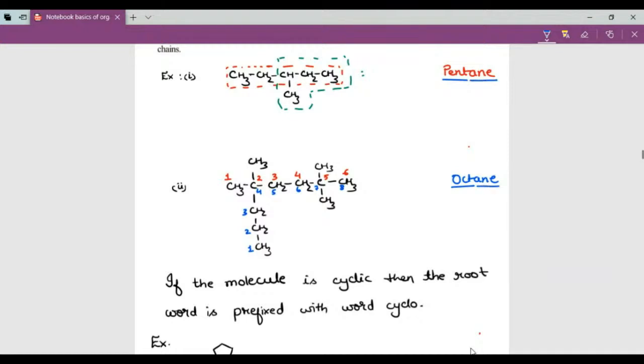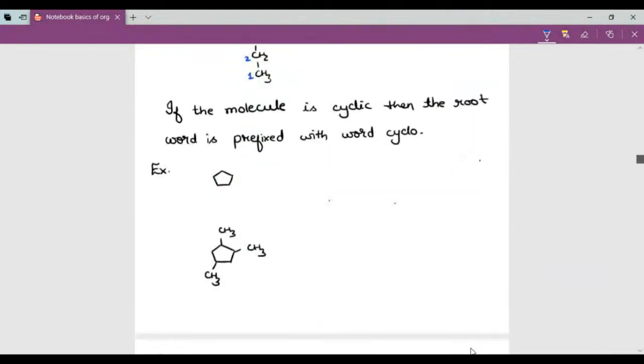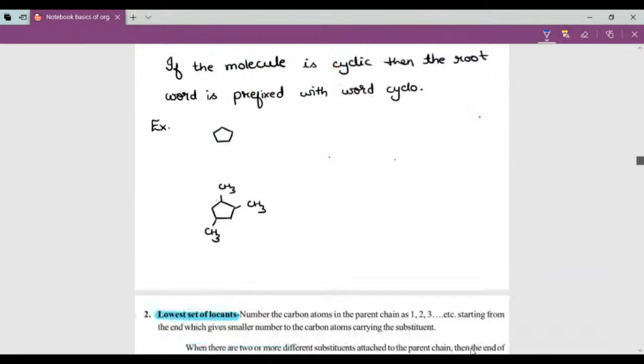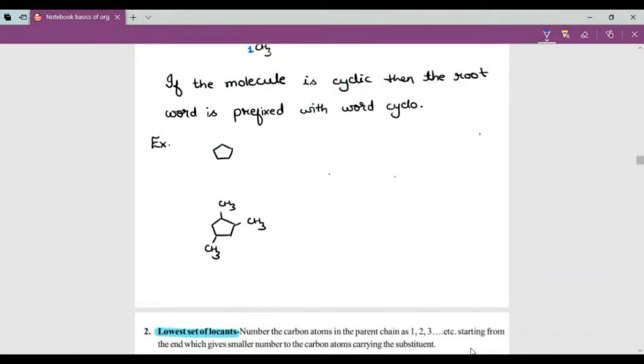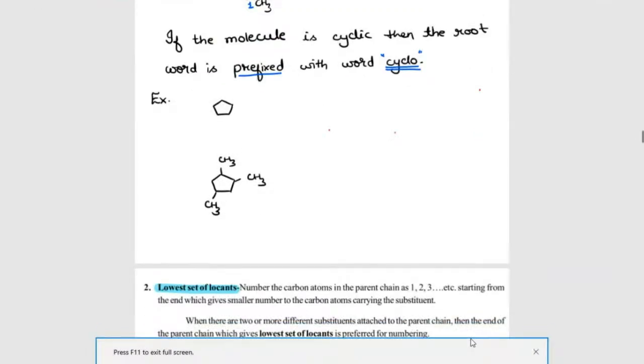In case you have a double or a triple bond, use "-ene" or "-yne", whichever suits the given molecule. One more thing, if the molecule is cyclic, then the root word is to be further prefixed with the word cyclo.